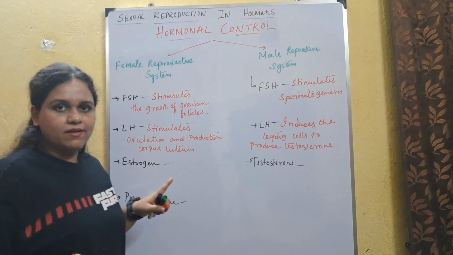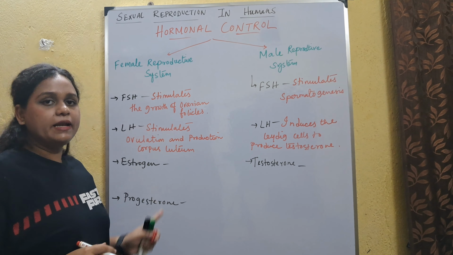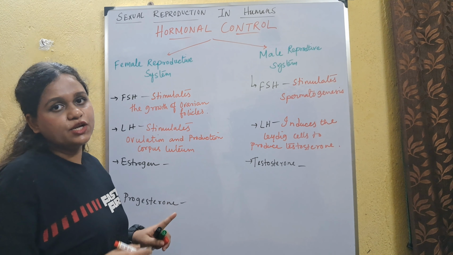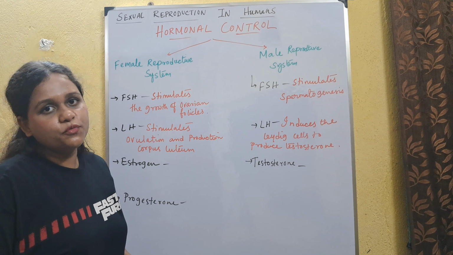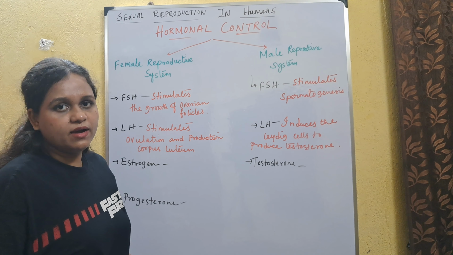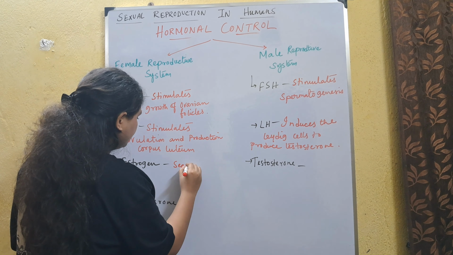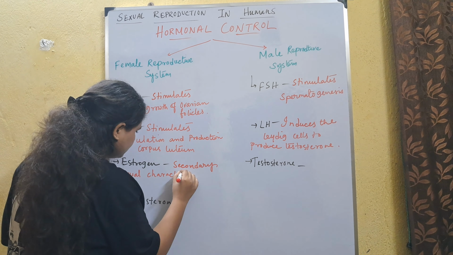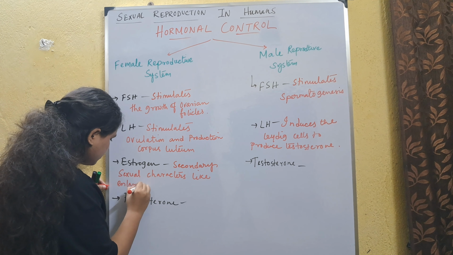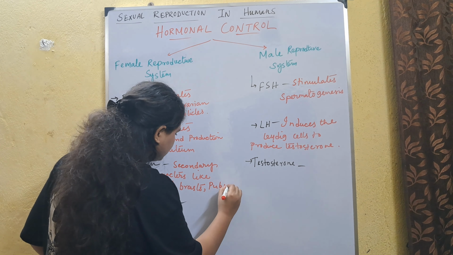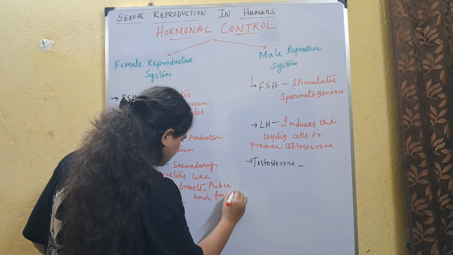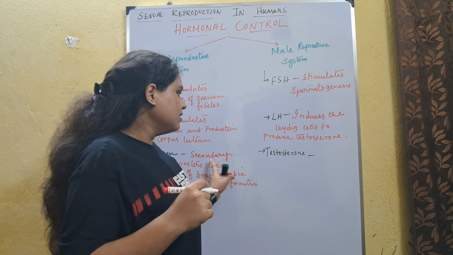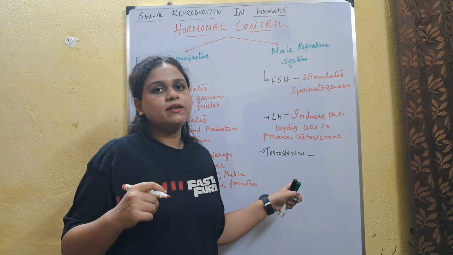Now, estrogen is present only in the female reproductive system. It controls the secondary sexual characteristics like enlargement of the breast and formation of pubic hair. In males, this function is similar in testosterone.